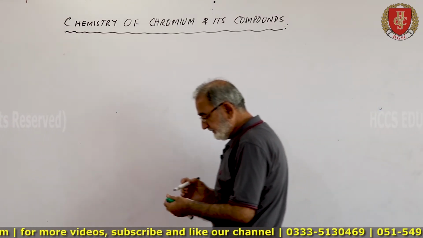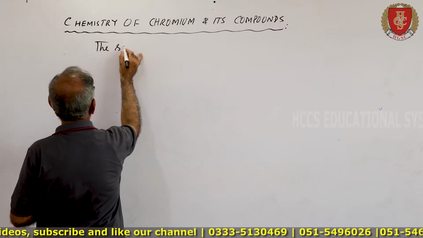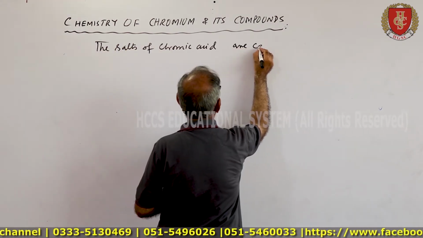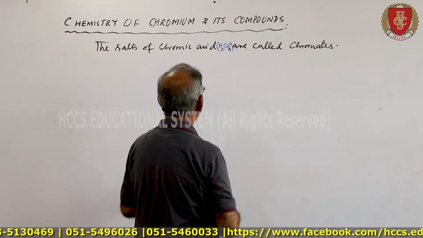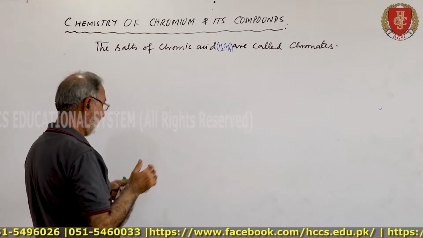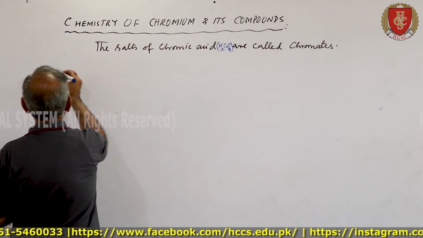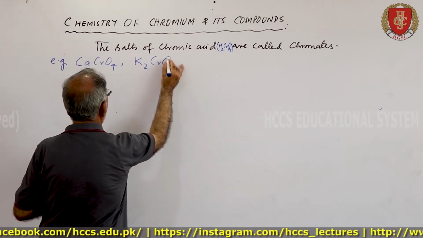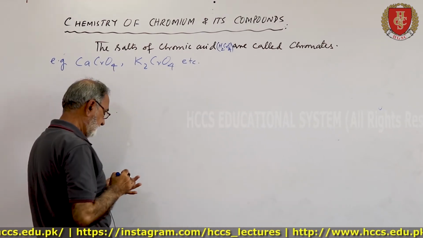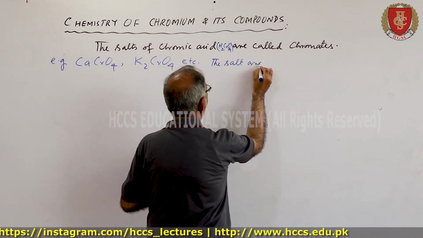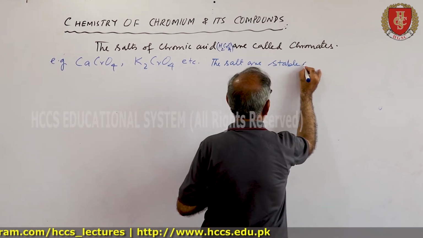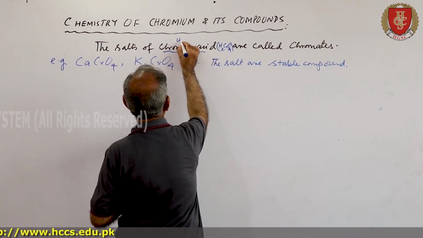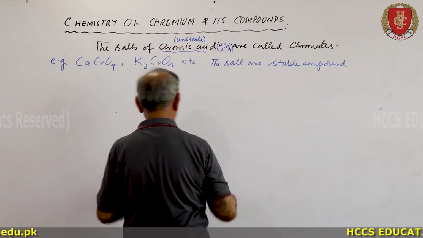Now in general, the salts of chromic acid are called chromates. The salts of chromic acid are, for example, calcium chromate, potassium chromate, etc. The salts are stable compounds, whereas chromic acid is relatively unstable.